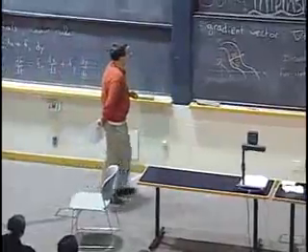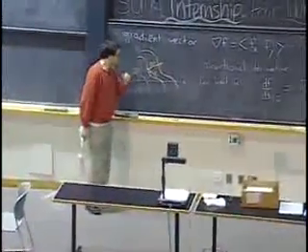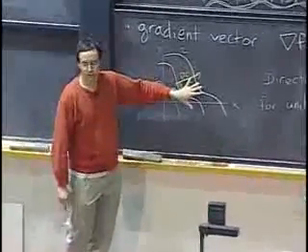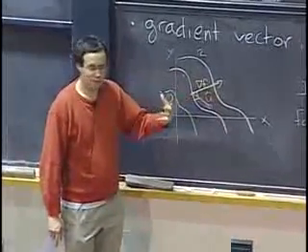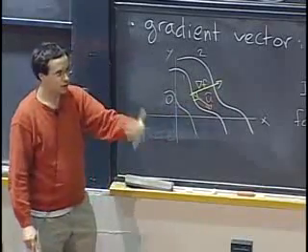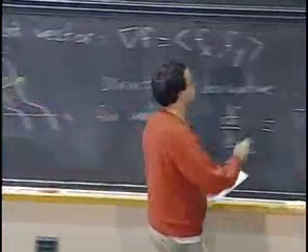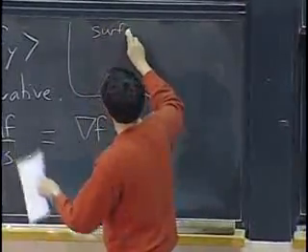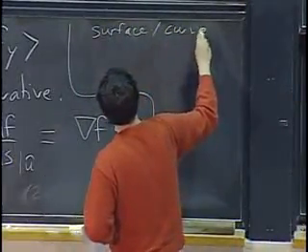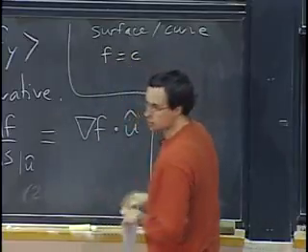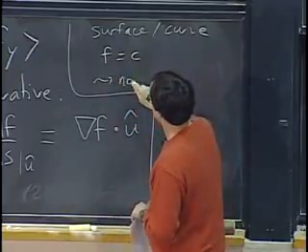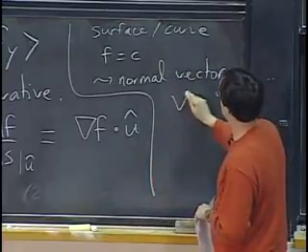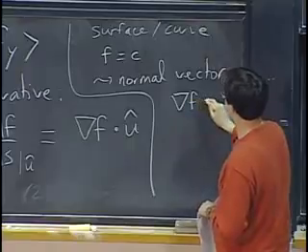But yeah, so let's see. So indeed, to look at more recent things, if you're taking the flux through something given by an equation, so if you have a surface given by an equation, say f equals 1, so say that you have a surface or here a curve given by an equation f equals constant, then a normal vector to the surface is given by taking the gradient of f.